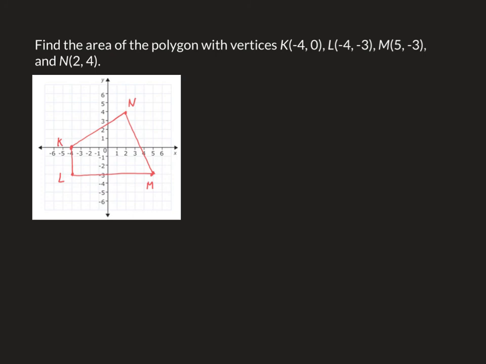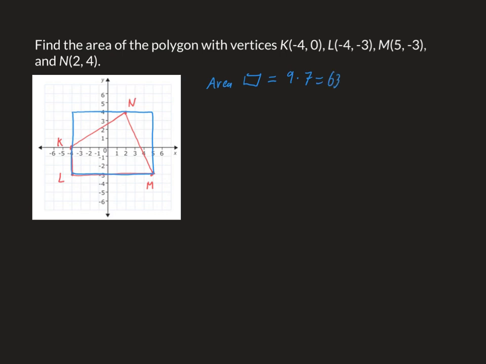So I want you to consider, what if we box this into a rectangle? The reason I want to do that is because the area of that rectangle is pretty easy to calculate. In this case, it would be 9, that would be the base, times 7 for the height. So we get 63 units squared.